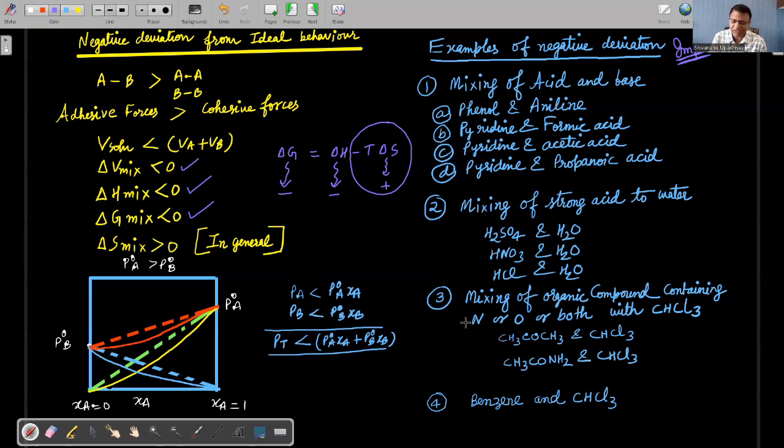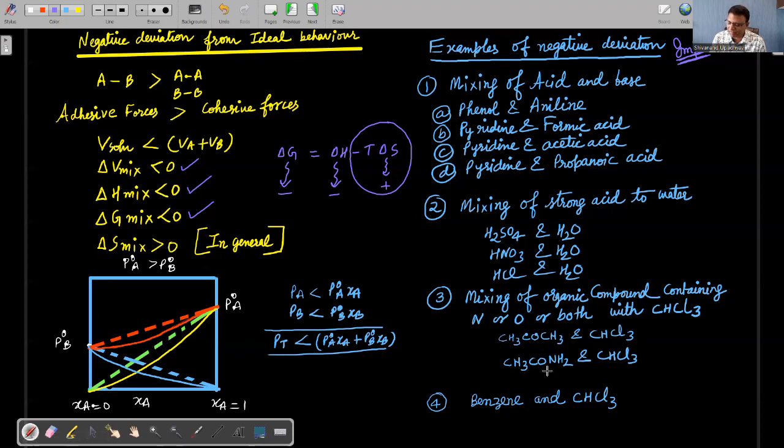And the third example is mixing of organic compounds containing nitrogen or oxygen or both with chloroform. When a compound containing nitrogen, oxygen, or both is there, it can form hydrogen bond with chloroform, and because of that there is negative deviation, like acetone and chloroform.